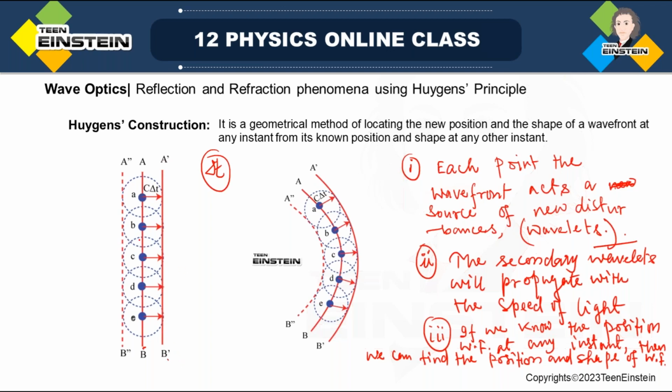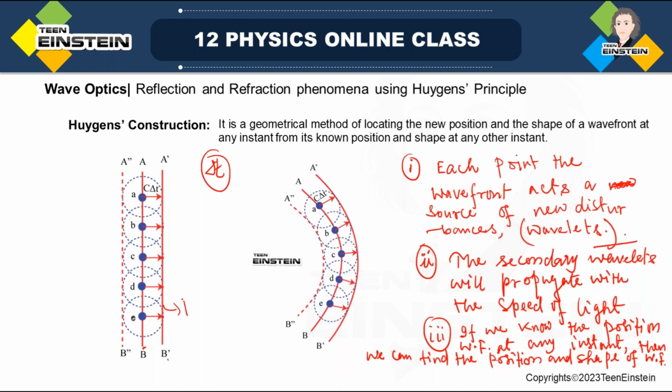in the front side, and this is called the forward envelope. So this is what is taken as the position, and also the shape of the wavefront you get here is plane, because AB is the plane wavefront, so you get a plane wavefront at a later instant also.